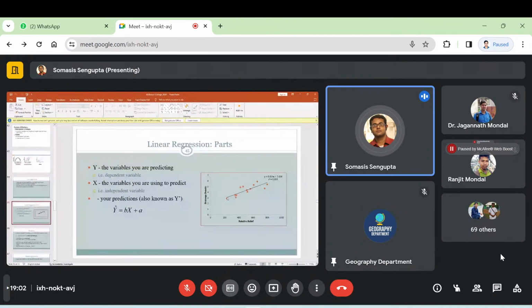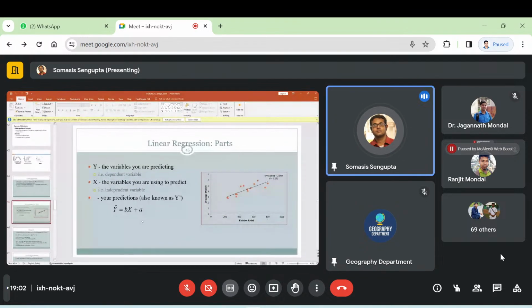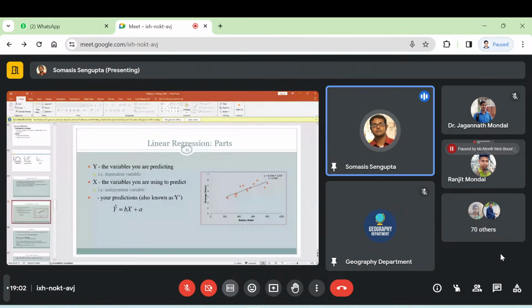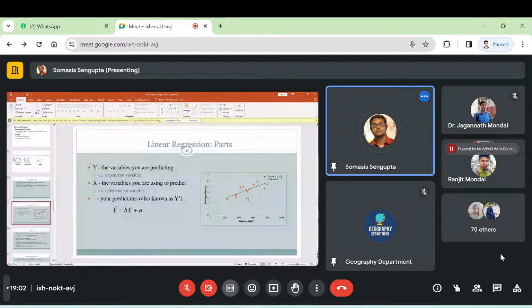Any straight line in a two-dimensional axis is in the form of y is equal to a plus bx. X is the independent variable, y is the dependent variable, b is the slope or the rate of change, and a is the intercept, that is the value of y when x is equal to 0.